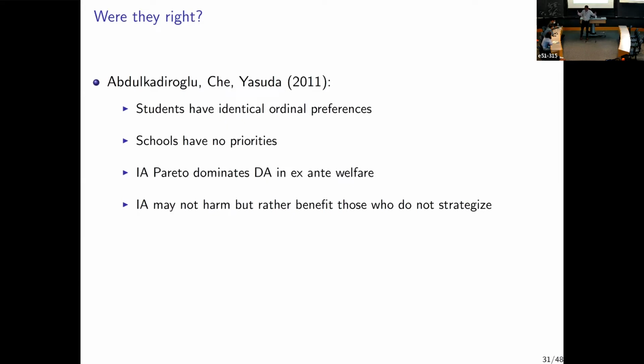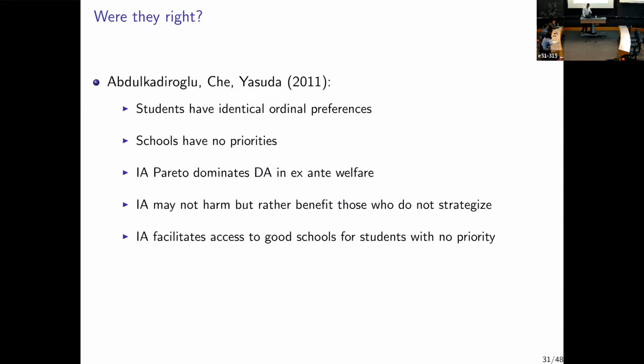So people that didn't strategize and were naive, all of a sudden have a higher chance of getting into A, because some of the people that are now strategizing are saying, no, screw this, I'm going to rank B first. Okay? So even people that do not strategize may benefit from this change.